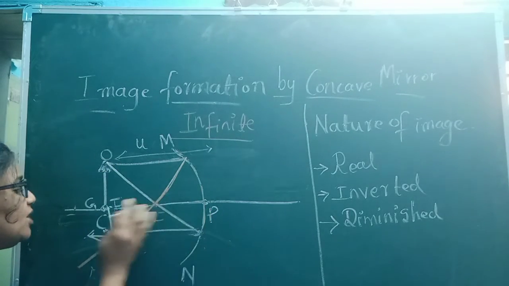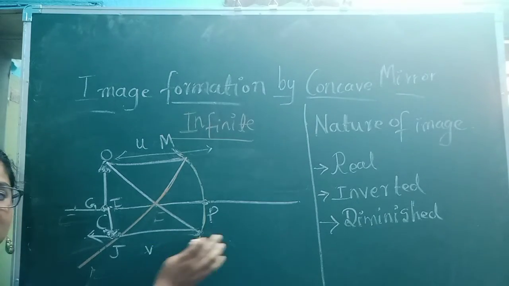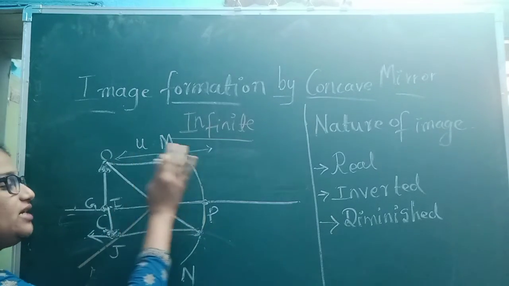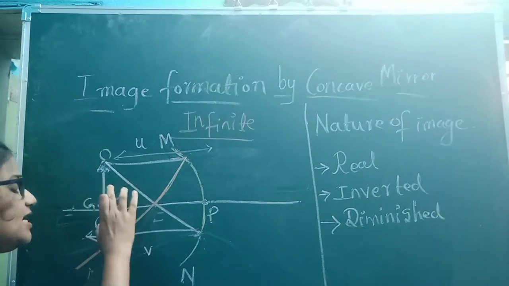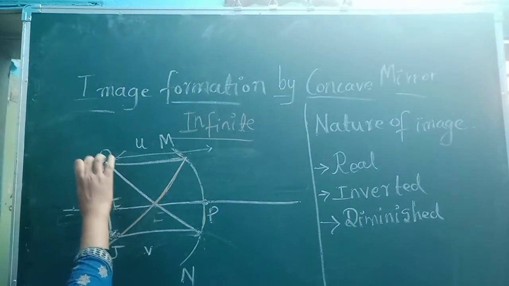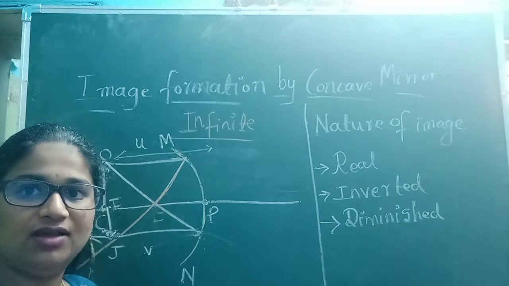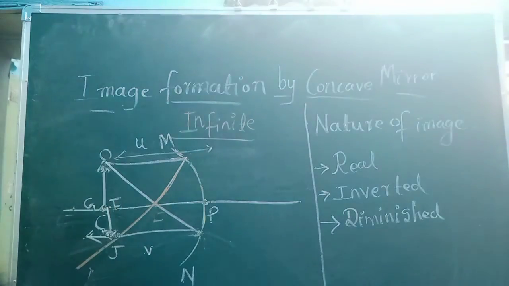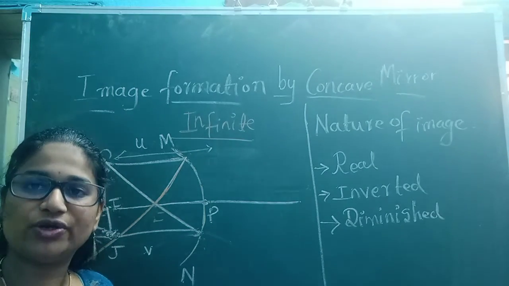And the distance between the pole and the image is denoted by small v, the image distance. Object distance and image distance will be the same, and the size of the object and image will be the same when an object is placed on the center of curvature. So this is how it works when the light is reflected by the concave mirror.